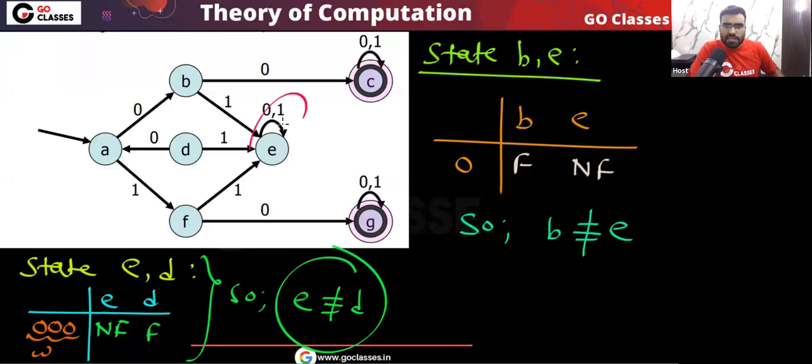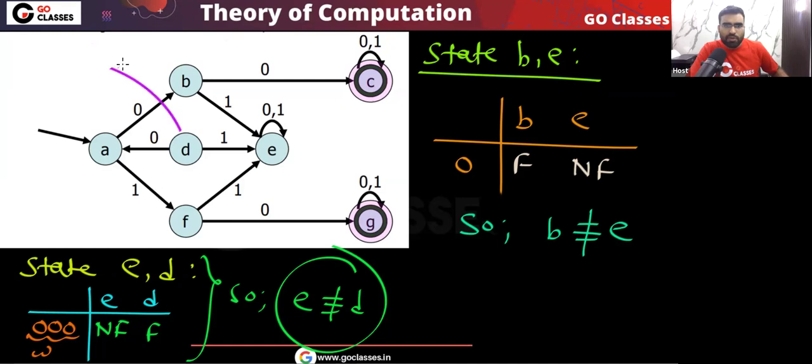Tell me, is the state E unreachable? No, this is reachable. From the initial state on string 0 1, state E is reachable. What about state D? Yes, state D is unreachable. Very good. So state D is unreachable, we can remove it.